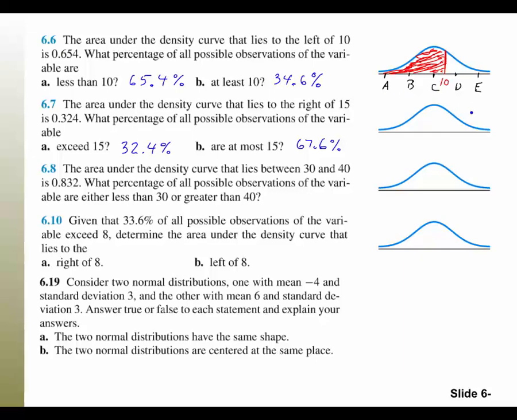In between or at which letter? Around B. She wants around B. Agree with that, Scott? So 15 should be right here, because then exceeding 15 would be 32.4%. Agree with that?